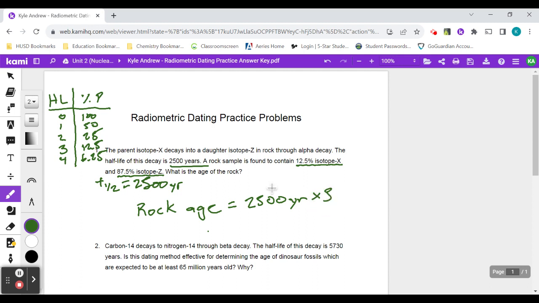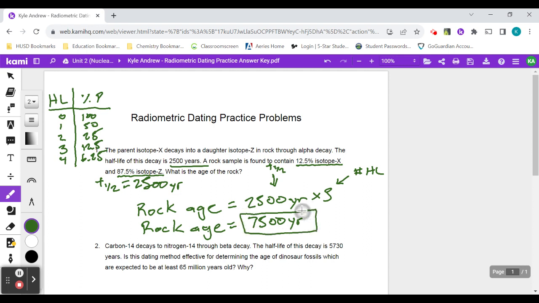Okay? This is t to the 1/2, and this is the number of half-lives. So this means the rock age is equal to 75,000 years.